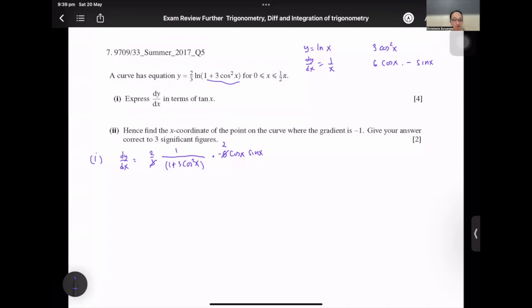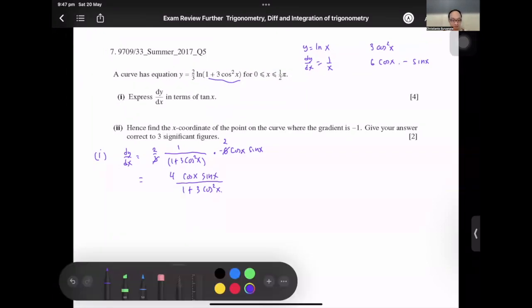And the question asks us to express dy/dx in terms of tangent x. Now, how do we change this into tangent? So this becomes negative 4 cos x sin x over 1 plus 3 cos square x. Now, what can we do here?